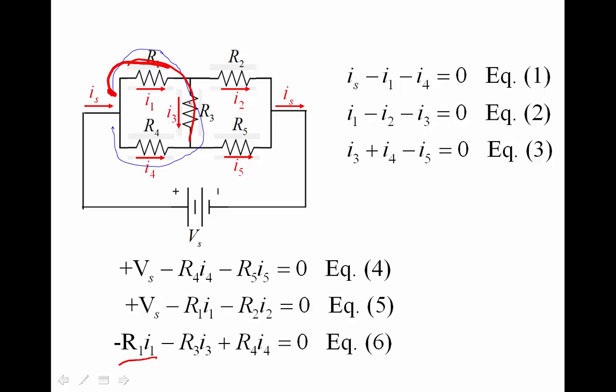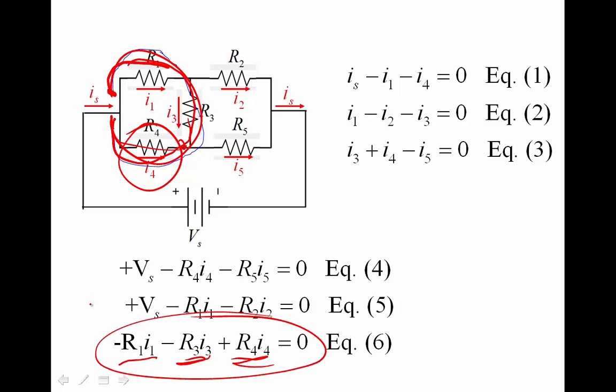I'm going with the current through R3, so it's minus R3 I3. But now to come back here, I'm going against the current in R4, and if you're going against the current, that means you're increasing voltage. So that's why it's plus R4 I4. And then the sum of the voltages around that loop is 0.